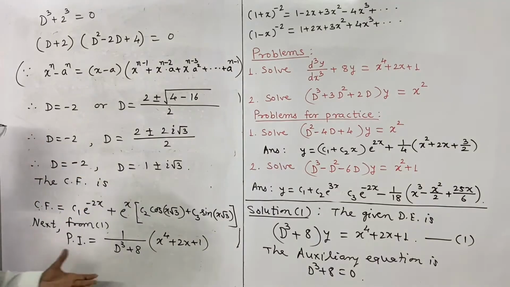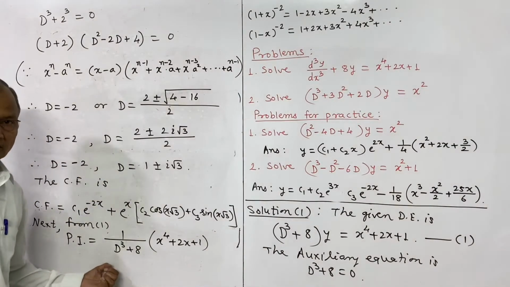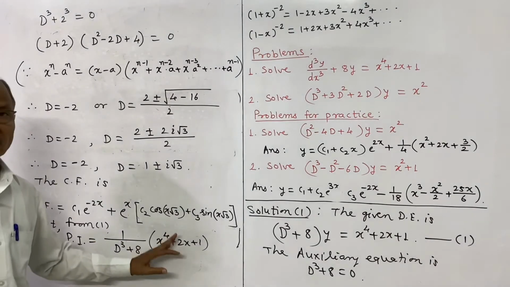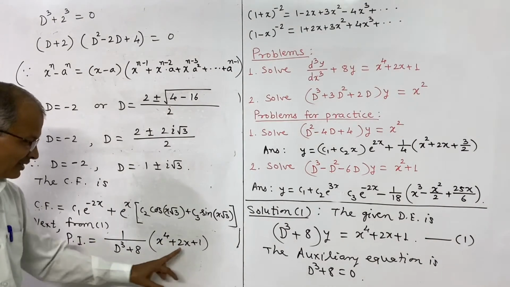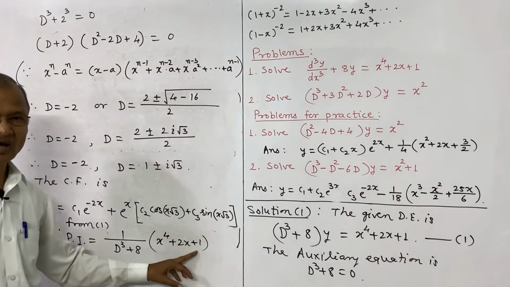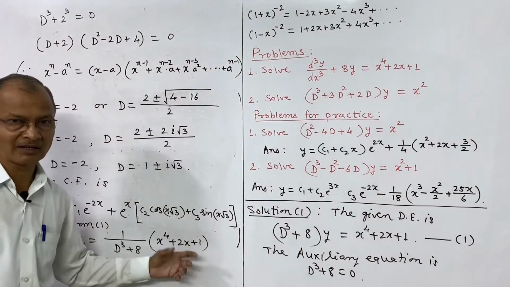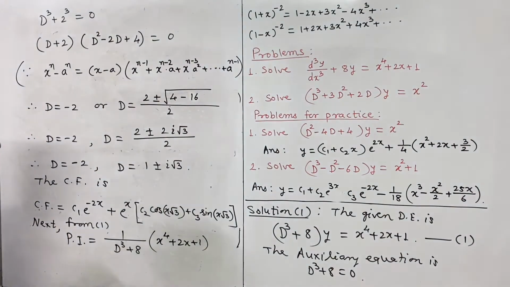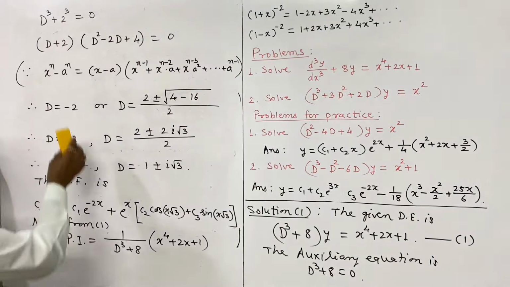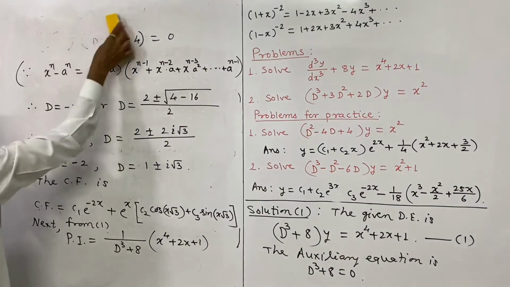Now we have written the method to obtain such type of particular integral, 1 upon f(D) x power m. Here these terms are in this form: x power 4 plus 2 x power 1 plus 1, a constant, but it can be considered as x power 0. Now we will write its particular integral, so I shall continue here itself.